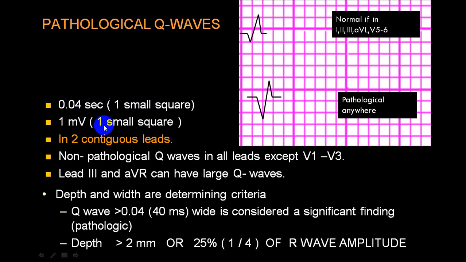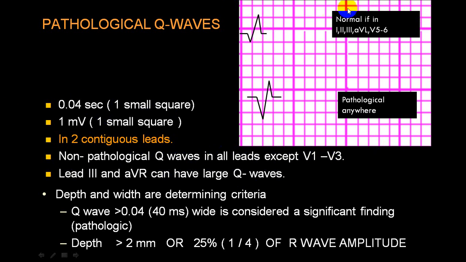If you see this in two contiguous leads, it is normal. What is non-pathological? A non-pathological Q wave will be present in all leads except V1 to V3.